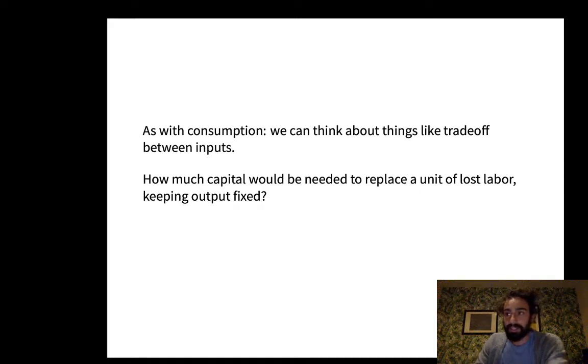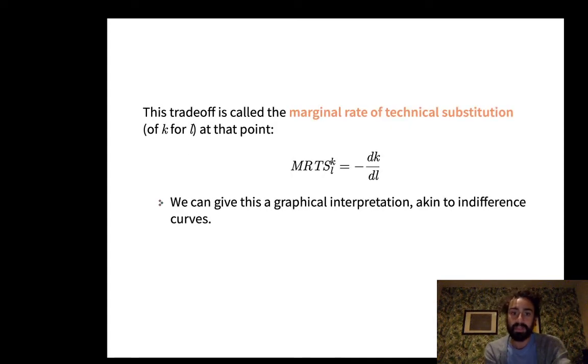So this is essentially exactly the marginal rate of substitution, except instead of thinking of keeping utility constant, we're thinking of keeping production constant. So the marginal rate of technical substitution at a given point between capital and labor is the rate at which we trade off capital for labor or labor for capital, keeping the rate of production the same. So thinking about being on what's called an isoquant curve.